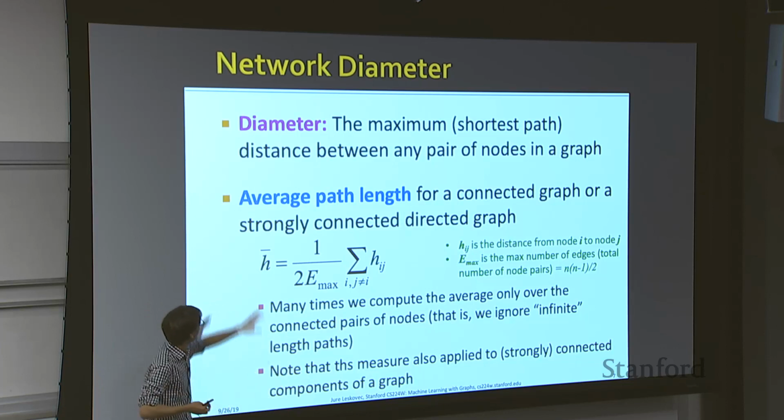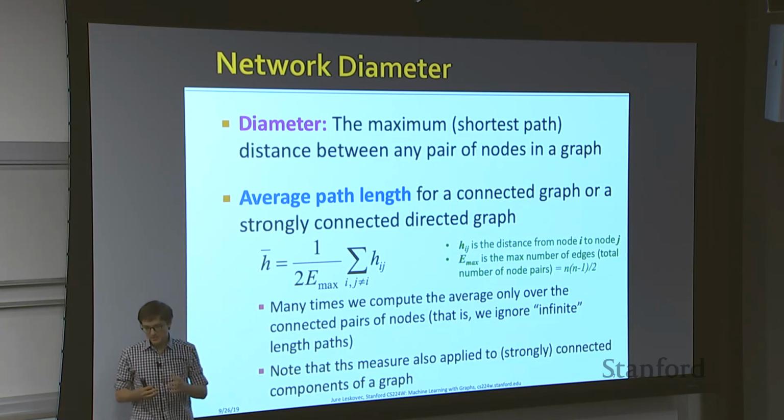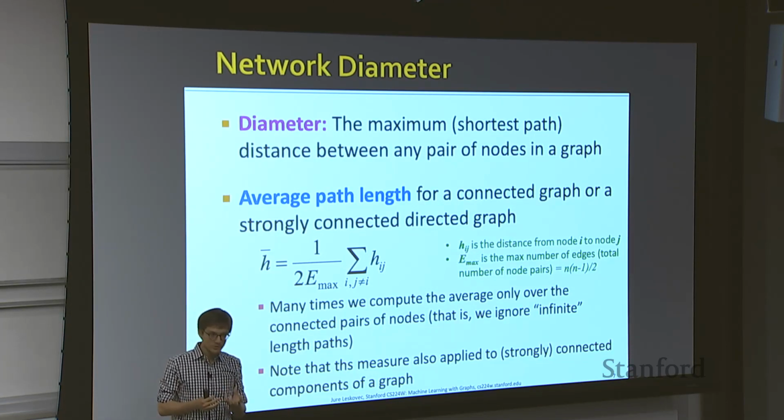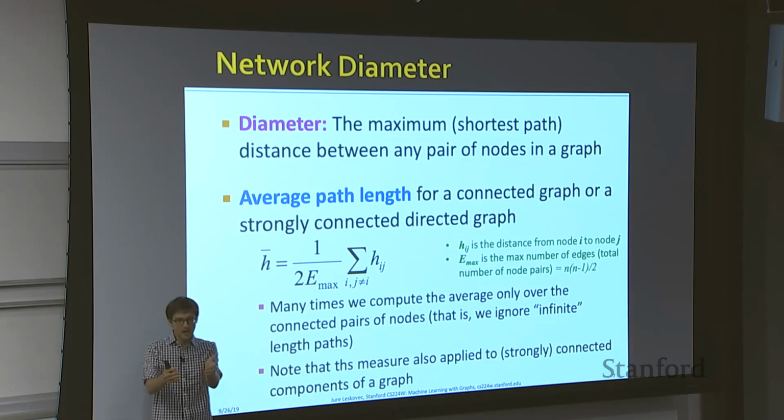When you work with real graphs, this diameter definition is not so useful because it's very fragile, right? You can have a graph that is massive but really well connected, and then you have a string of edges, a little tentacle down, and that will totally skew your diameter.